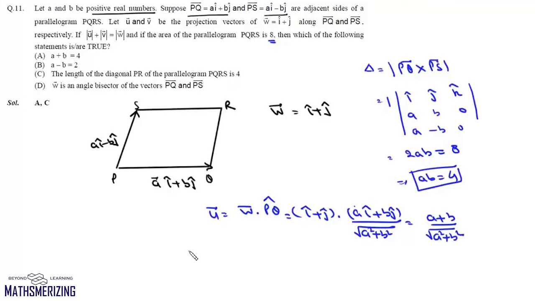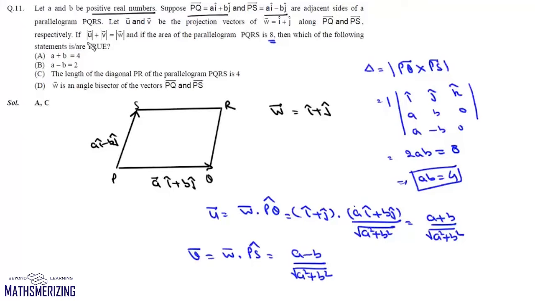And the same way we'll find V, which is W dot PS bar, and it'll be A minus B upon under root of A square plus B square.